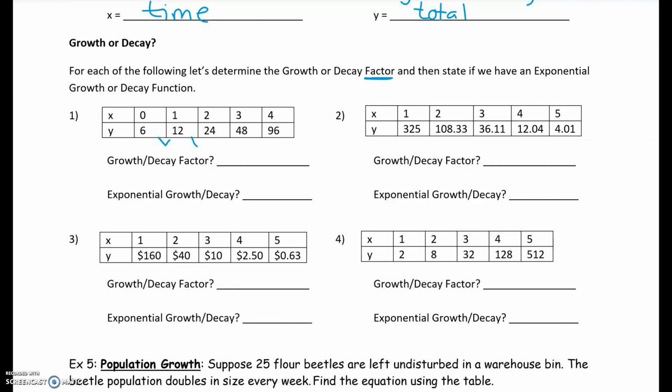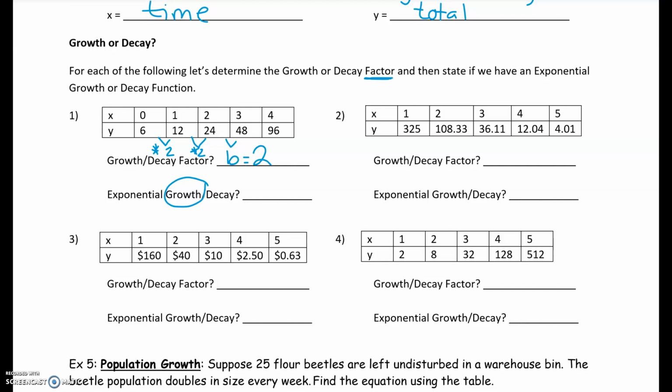How am I going to go from 12 to 24 and 24 to 48? And in this case, it's very easy to see that every single time we're multiplying by 2. So this growth or decay factor is going to be 2. So in our problem, that would be our b value from our equation. So based on that b value, which is greater than 1, we know that this is an exponential growth problem.